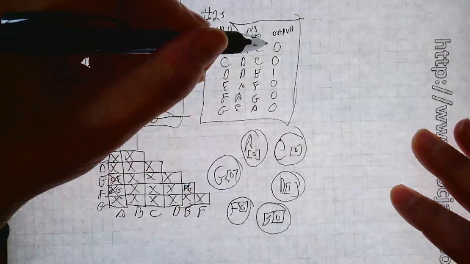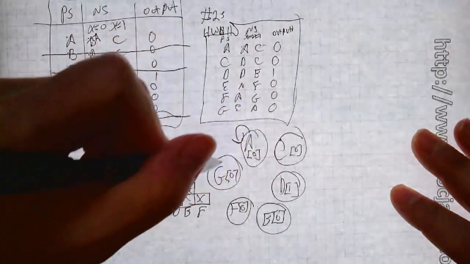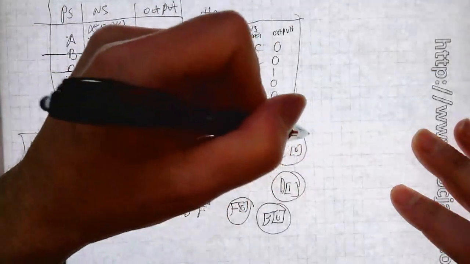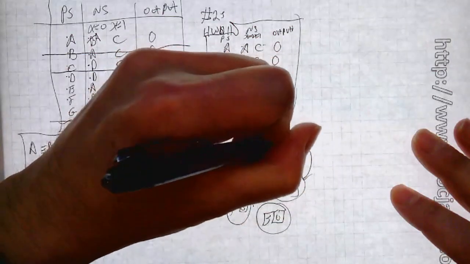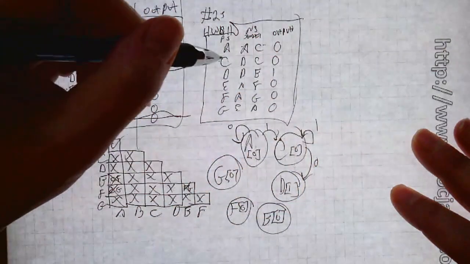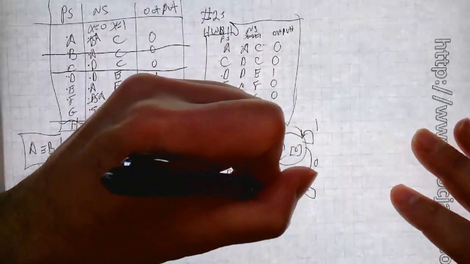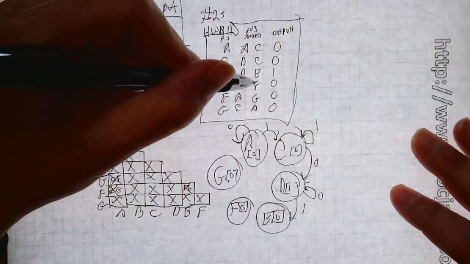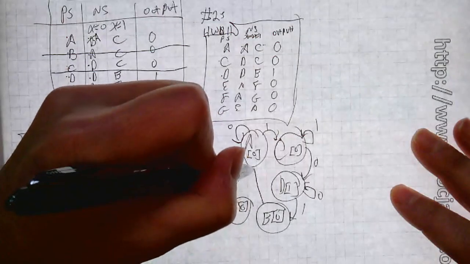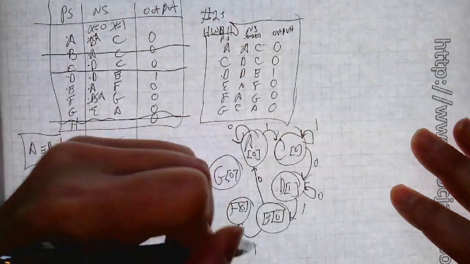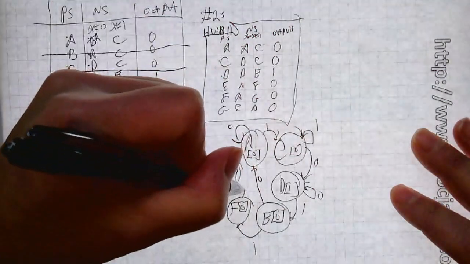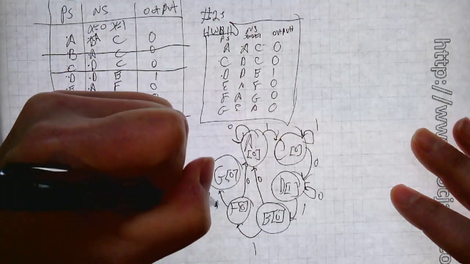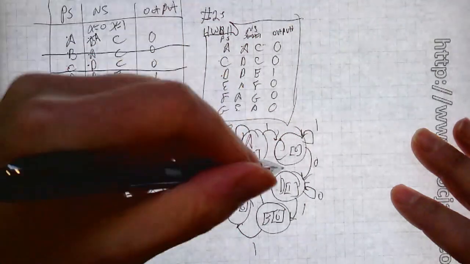And A is going to connect to A and C. And C is going to connect to D and C. And D is going to connect to D and E. And E is going to connect to A and F. And F is going to connect to A and G. And then G is connected to E and A.